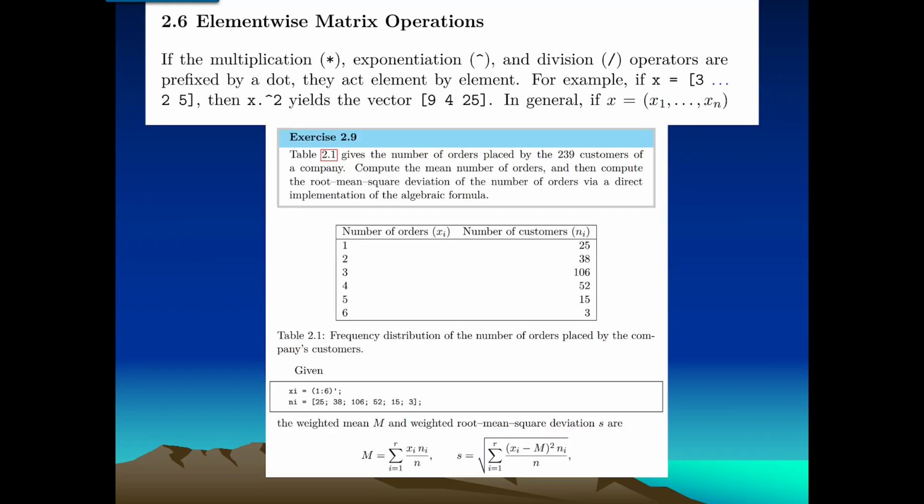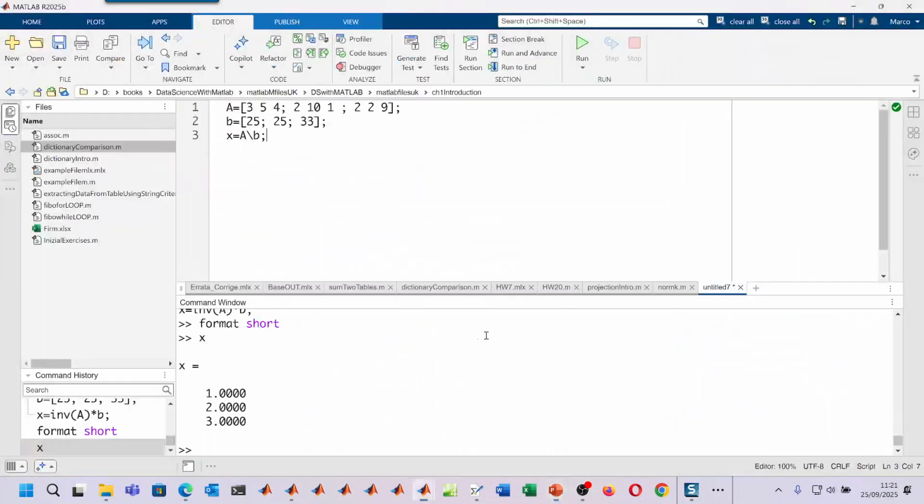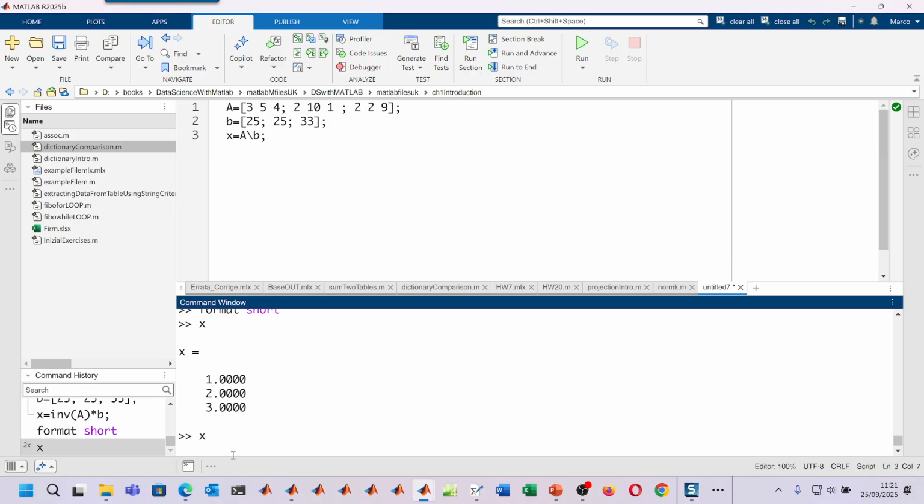Okay? Now, before we go into that, element-wise matrix operations. So we have seen that times is matrix multiplication. Now, suppose on the other hand that you have this x and y. For example, suppose now that y is equal to x plus 10 or whatever.